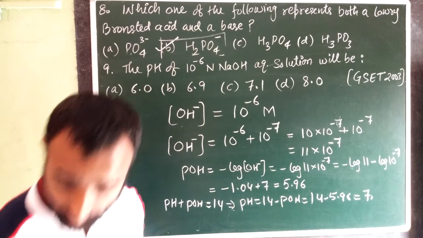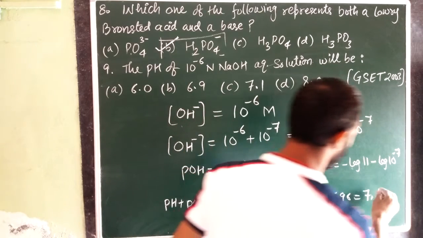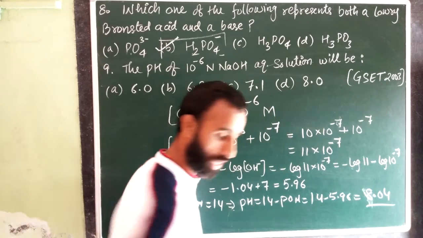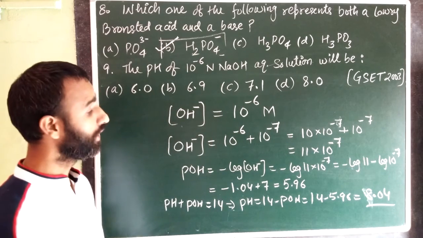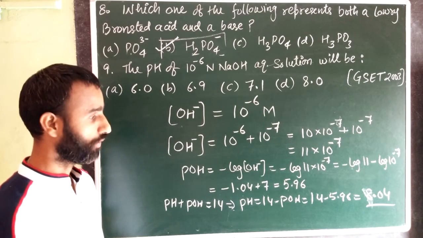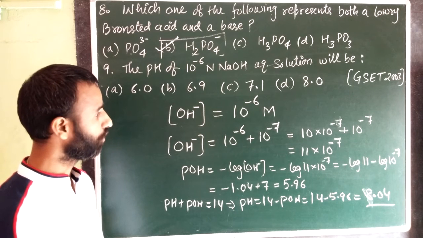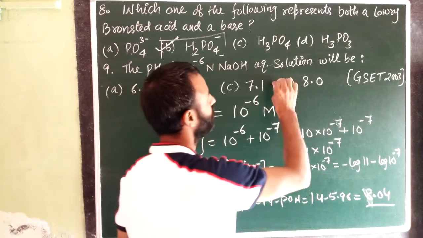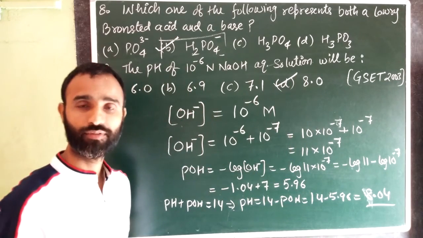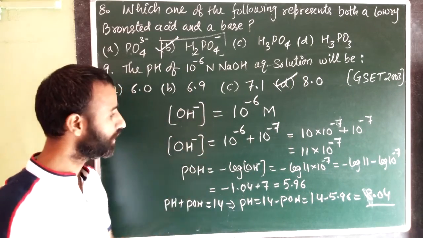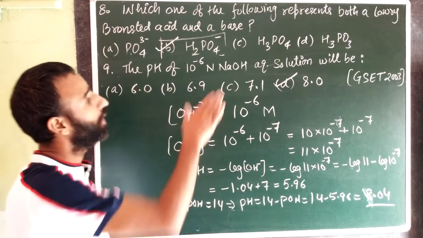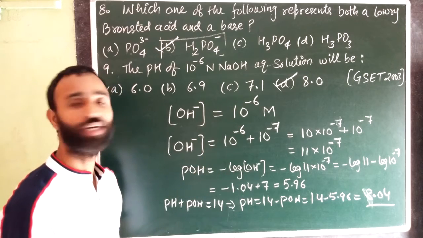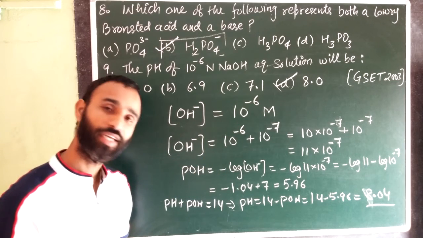So it is 8.04. The value comes out to be 8.04. So it is very close to 8. Got it? So this is question number 9. Okay, so the value is around 8. pH is 8.